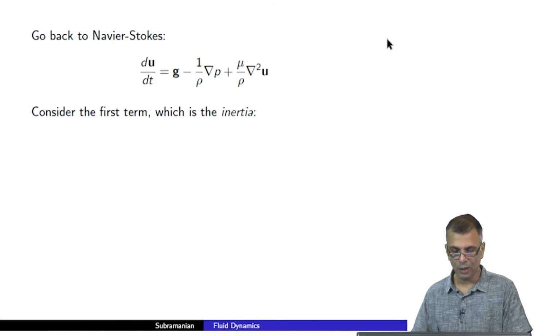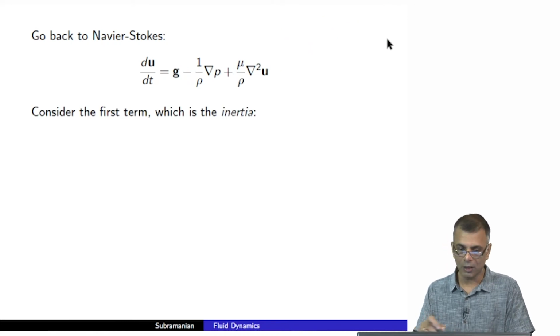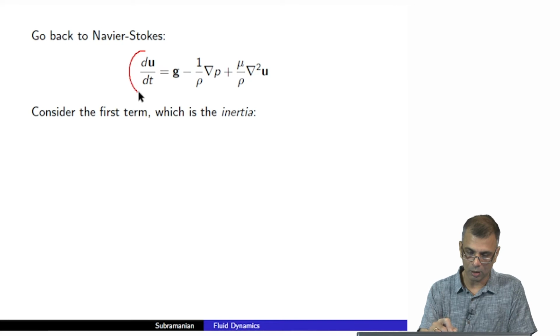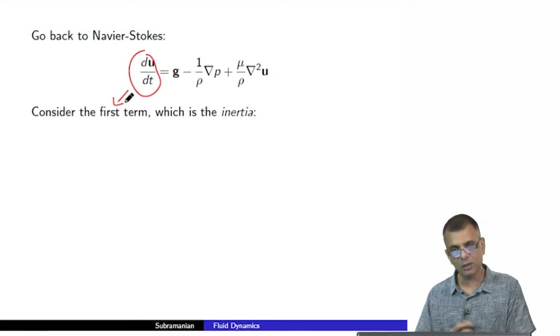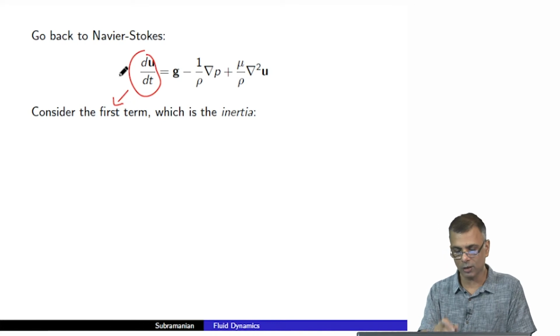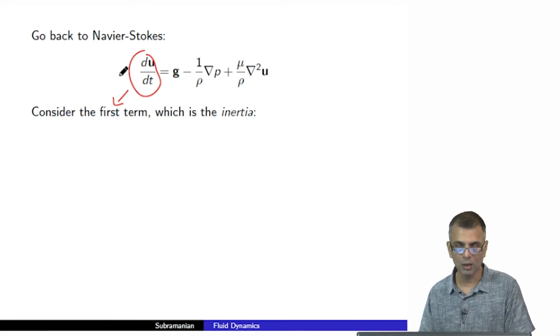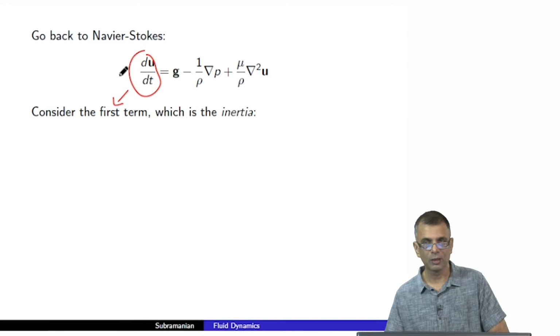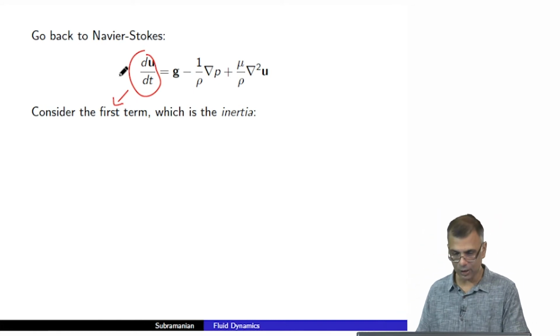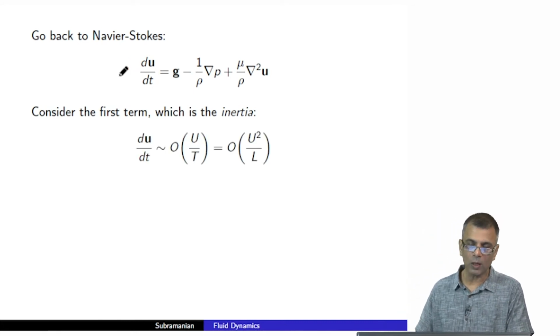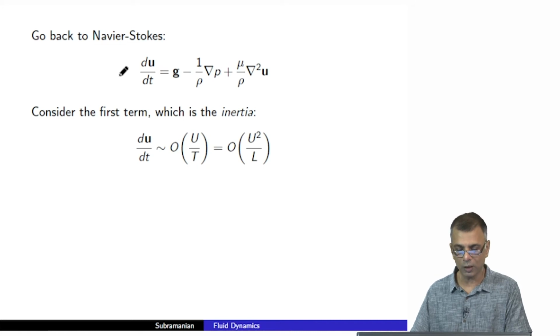Right. So the very first term, this guy, is the first term. If I multiply this by rho, it's rho A, right? So ma, so to speak. So that's the inertia. And what is the order of magnitude of the du/dt?